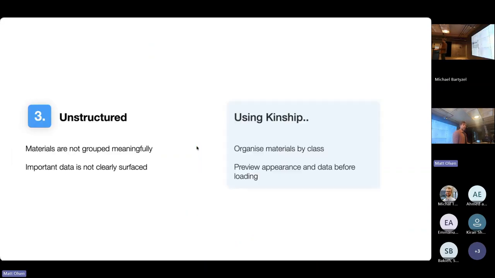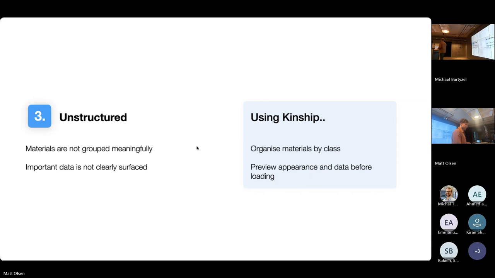So what have we done here? Kinship uses the materials class as a way to organize materials into groups like concrete, glass, etc. And you can organize that as you wish, so as best suits your company. In your library, you can easily create and organize classes and materials in bulk.